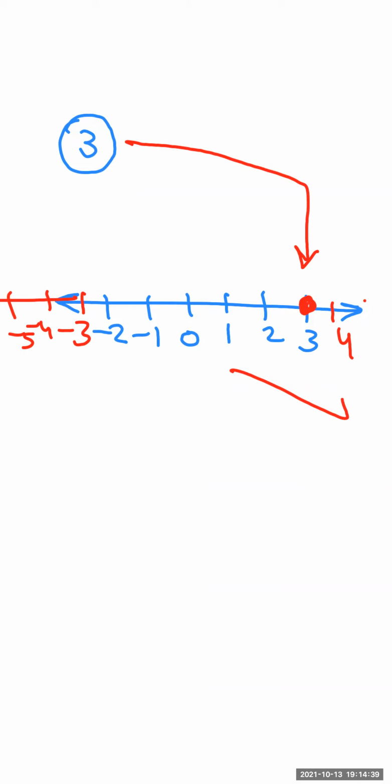But if the question is like that, represent 3/4 on the number line. Now concentrate with me very well. The first point here, we have to know the two numbers which 3/4 lies between. 3/4 actually lies between 0 and 1, right?